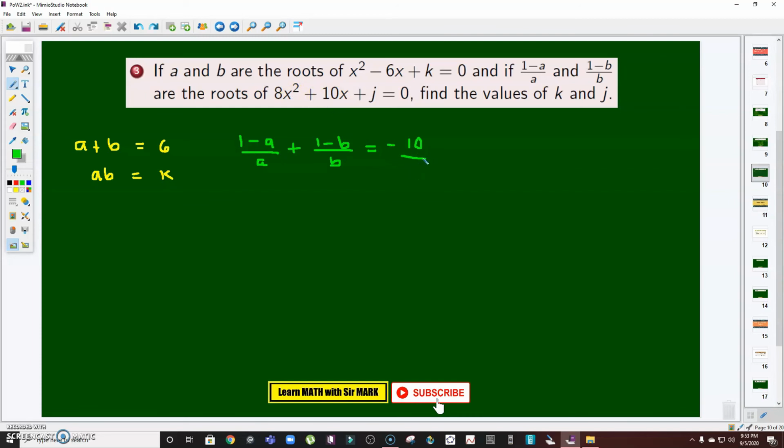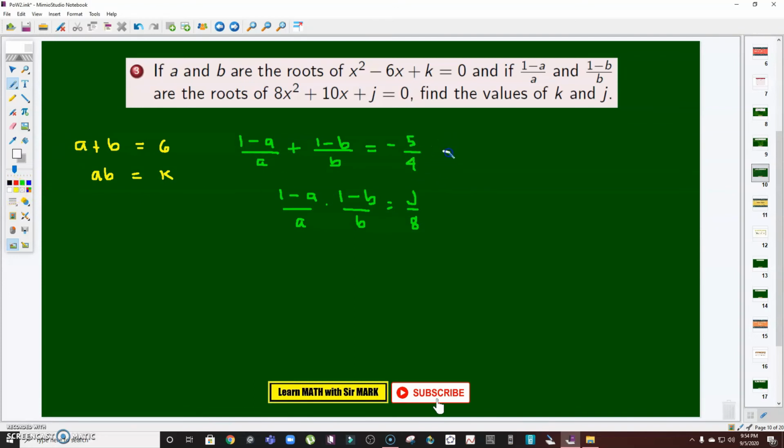And we know negative 10 over 8 is the same as negative 5 over 4. See that? Next. Similarly, if we get the product of these two roots, we have 1 minus a over a times 1 minus b over b equal to the constant term over the coefficient of the quadratic term, or j over 8. See that? There you go.